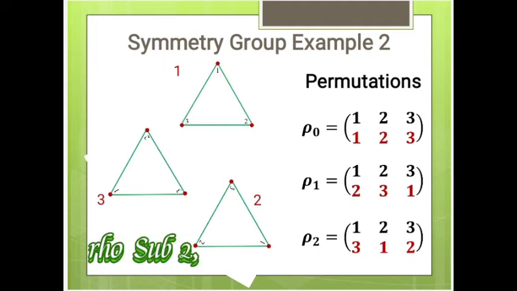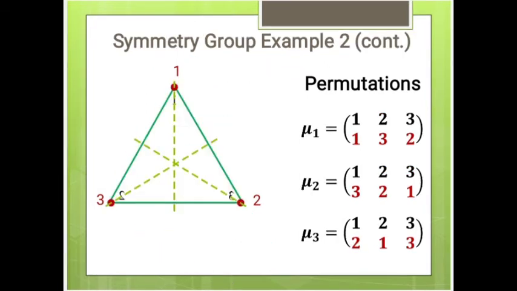And rho sub 2: 1, 2, 3 to 3, 1, 2. For mu sub 1: 1, 2, 3 to 1, 3, 2. Mu sub 2: 1, 2, 3 to 3, 2, 1. And mu sub 3: 1, 2, 3 to 2, 1, 3.